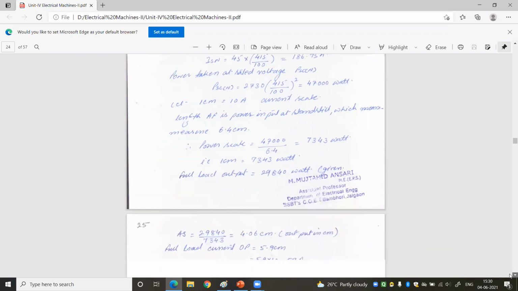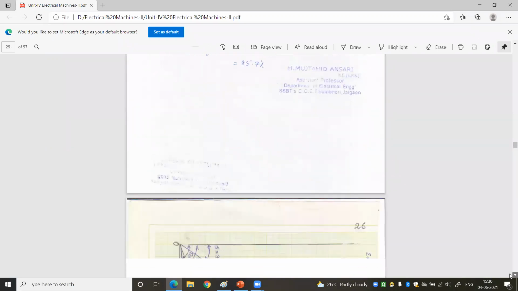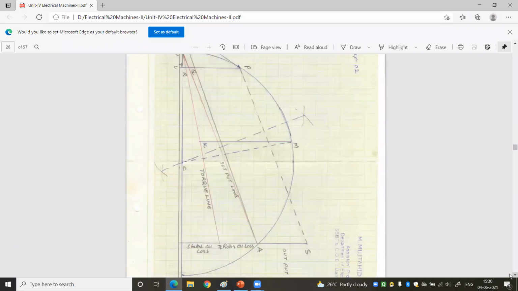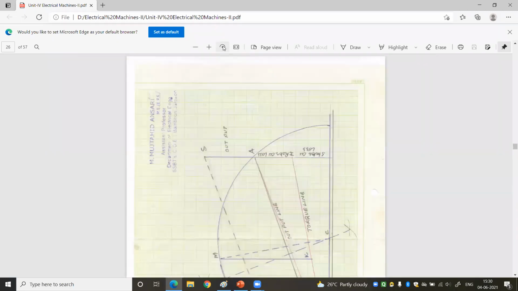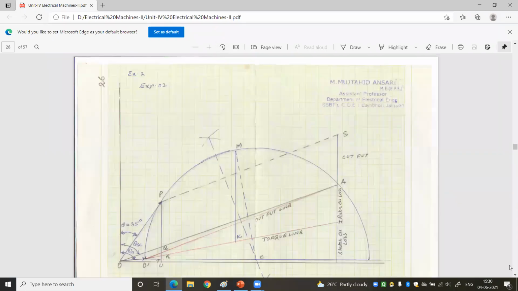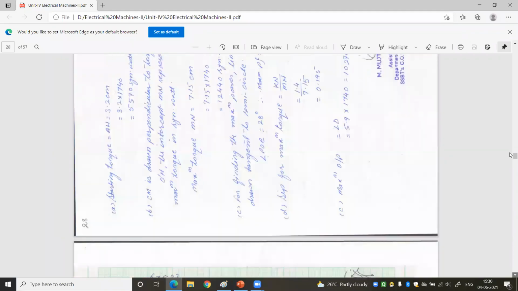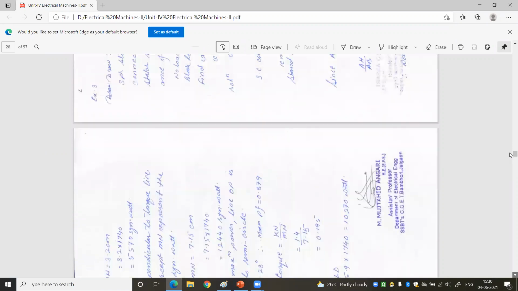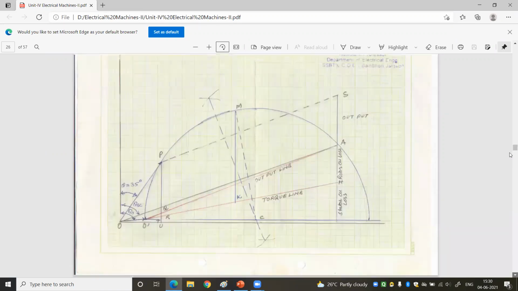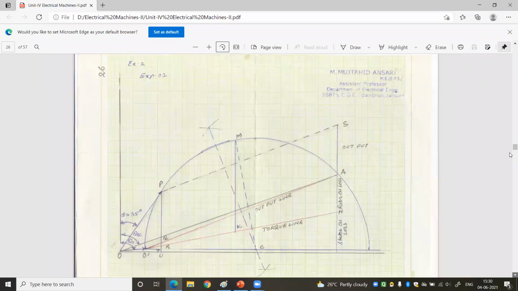So first of all, we'll go to the circle diagram. Here the no load current is equal to 2 centimeter, because 1 centimeter is equal to 10 ampere.